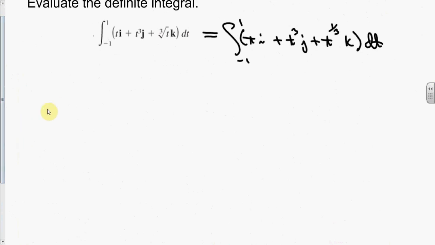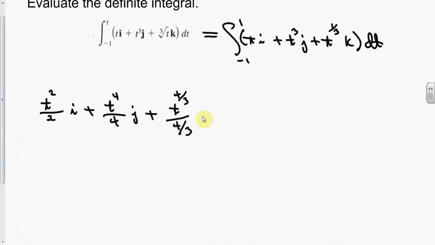So we integrate. We have t squared over 2 i plus t to the 4th over 4 j plus t to the 1/3 plus 1 becomes 4/3 all over 4/3 k. All that's evaluated from -1 to 1.